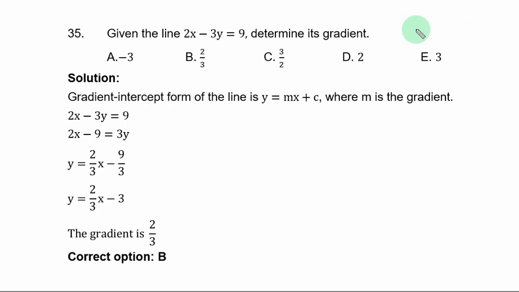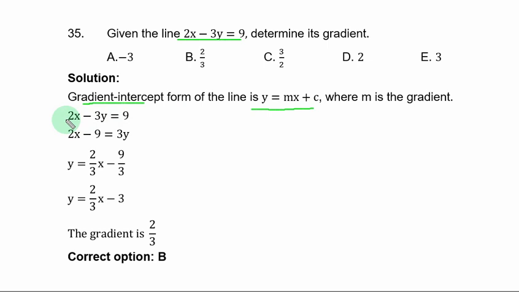Question 35. Given the line 2x minus 3y equal to 9, determine its gradient. You have to express the given line in gradient intercept form. That is y equal to mx plus c, where m is the gradient.